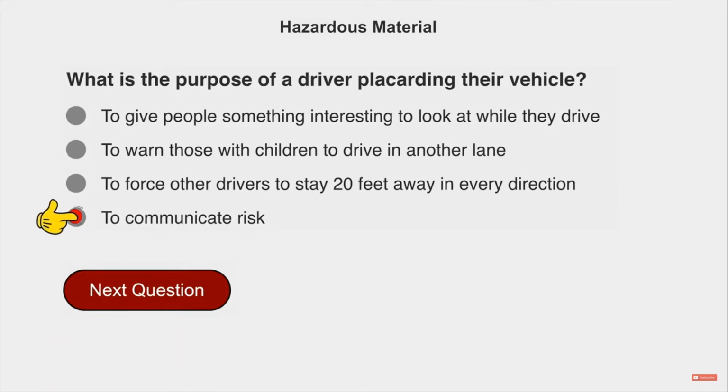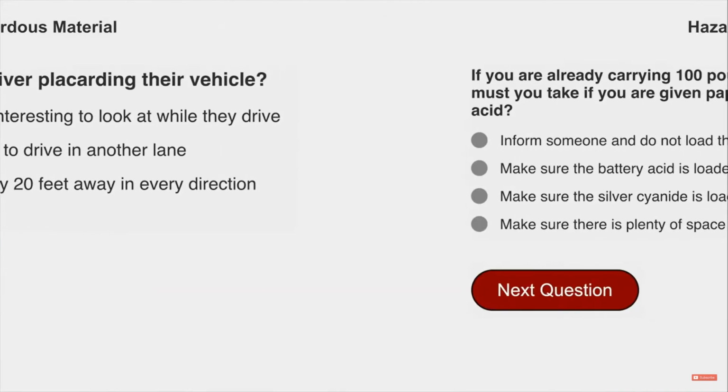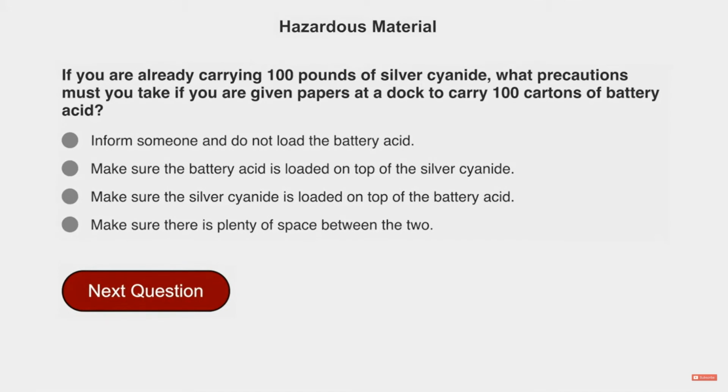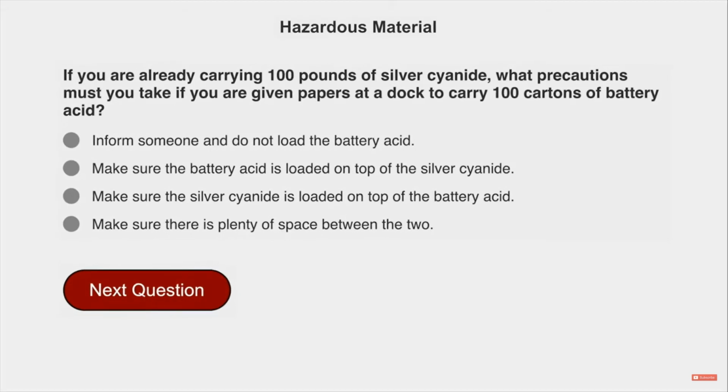To communicate risk. If you are already carrying 100 pounds of silver cyanide, what precautions must you take if you're given papers at a dock to carry 100 cartons of battery acid? Inform someone and do not load the battery acid.